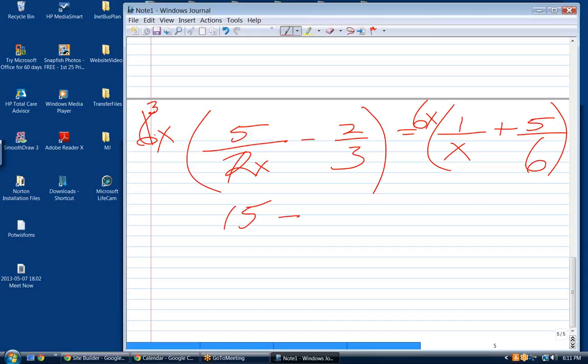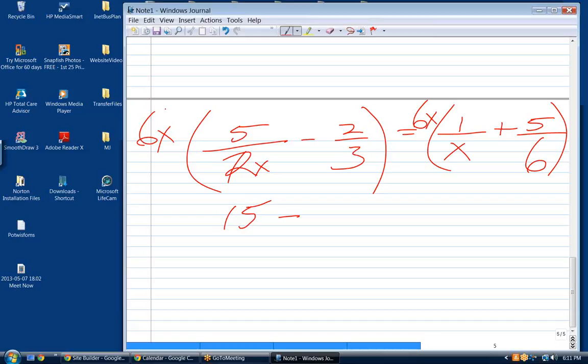What is 6x times a minus 2/3? Multiply the numerators, what do you have? 6. Yeah, in other words, this is what we started with. 6x times minus 2/3.